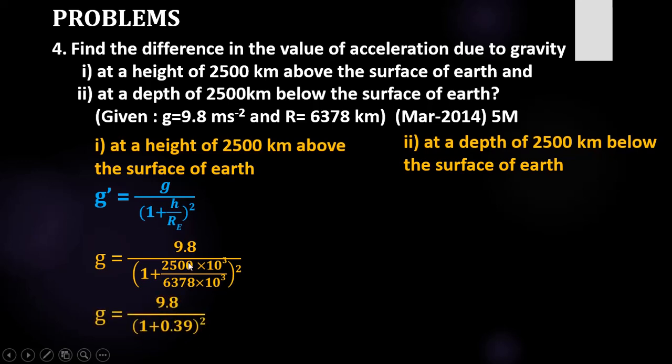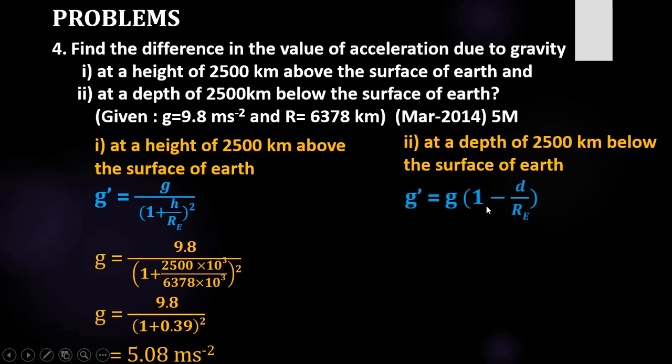Then if you cancel 10 to the power of 3 and divide 2500 upon 6378, you get 0.39, and it will be g equal to 9.8 divided by 1 plus 0.39 whole square. Then if you simplify this, you get 5.08 meter per second square.